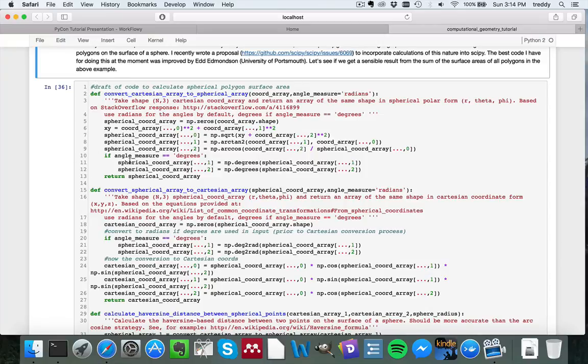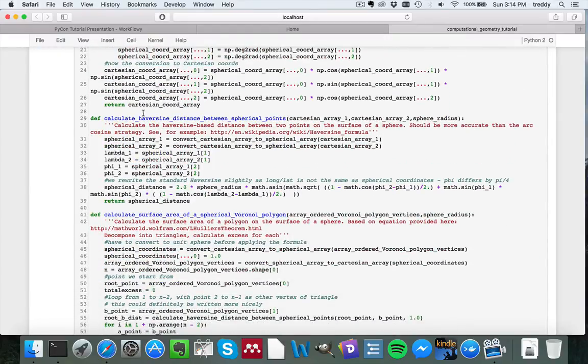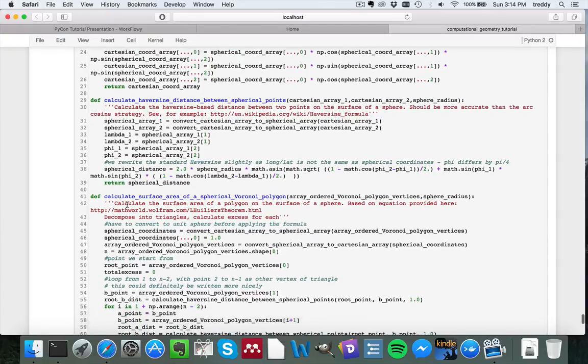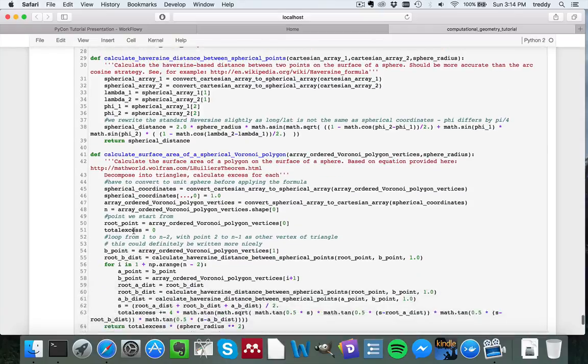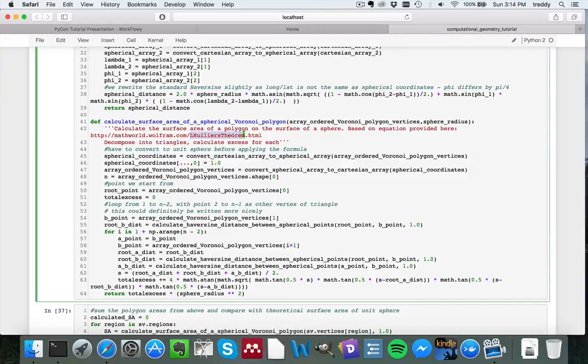There are some utility functions to convert between Cartesian and spherical coordinates, which is quite useful in certain aspects of the calculation. There's also the haversine distance, which is calculated between the points. Basically, it's the distance over the great arc of the circle between given points. And then we also have this function which does calculate the surface area using what's called Girard's theorem.